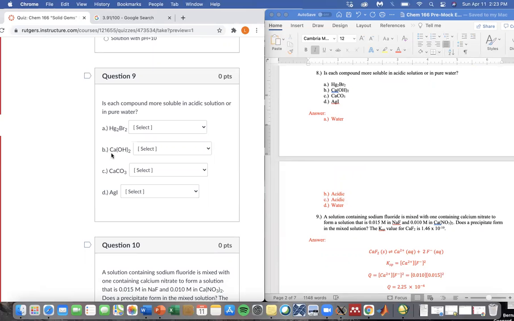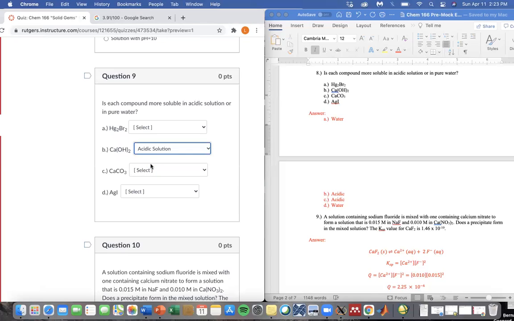So this one is kind of the exact same premise that we just talked about, how it's more soluble in an acidic solution because water is going to have a higher concentration of OH minus than an acidic solution. And so Ca(OH)2 is going to be more soluble in an acidic solution.